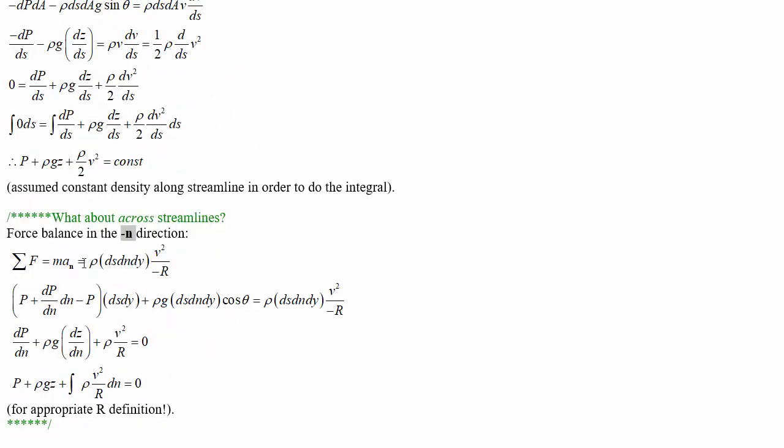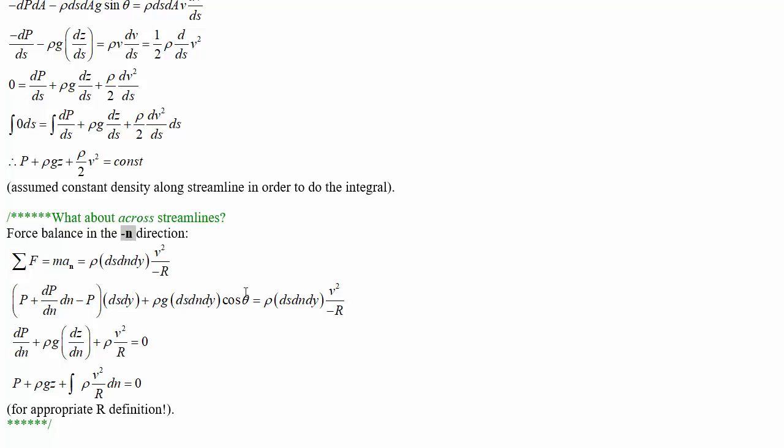If we do that one, we'd have mass times the normal acceleration, which would be mass times v squared over negative r, now writing dn and dy as two separate things because we're going to need them, where r is the radius of curvature that we happen to be moving in, is equal to, on the other side of the equation, the force balance that we would get from the pressure terms, including a gradient with respect to n, and the weight term that's in the normal direction.